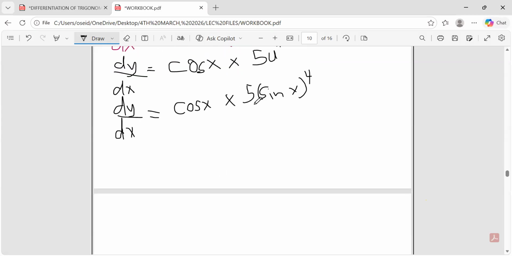So this one is multiplication. So we need to multiply the two terms to get one. So dy dx, which is the final answer, is equal to 5 sin^4 x cos x. This is our final answer.